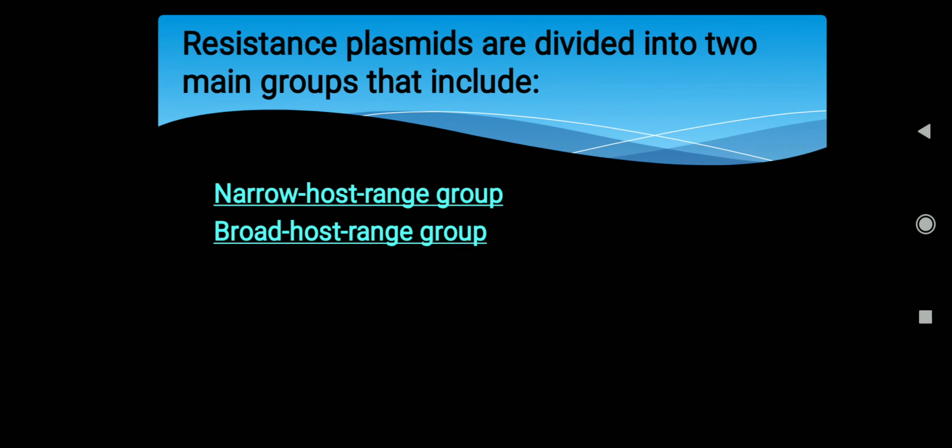So resistant plasmids are divided into two main groups, that is the narrow host range group and the broad host range group. Narrow host range, as the name says, means the host range is narrow.